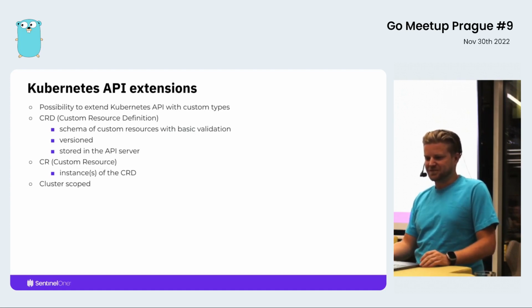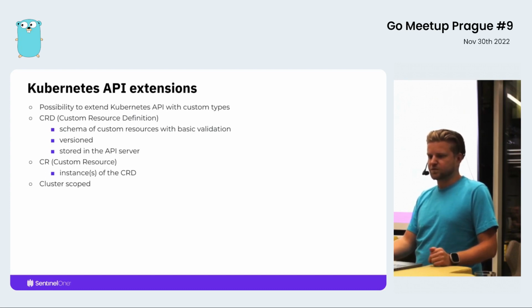So, to have a place where to put this, every operator needs some configuration. It's usually stored as a separate object in Kubernetes, and there are two things. One is the custom resource definition.